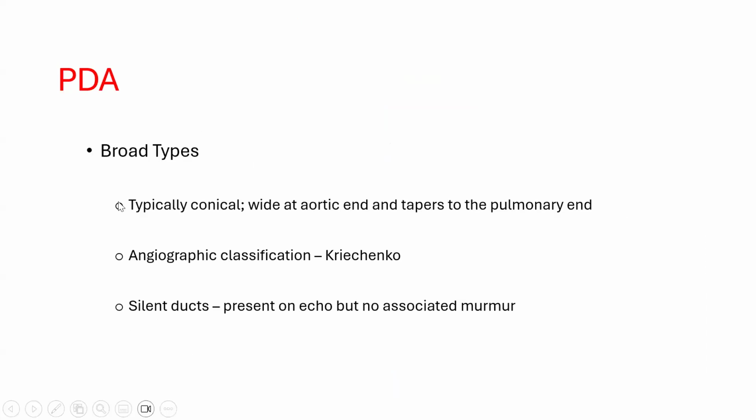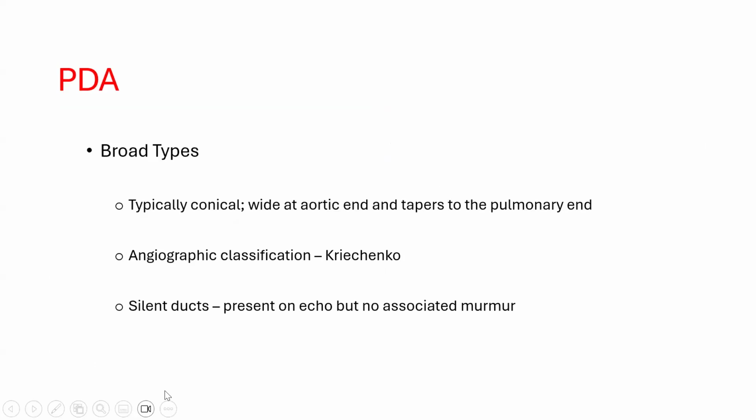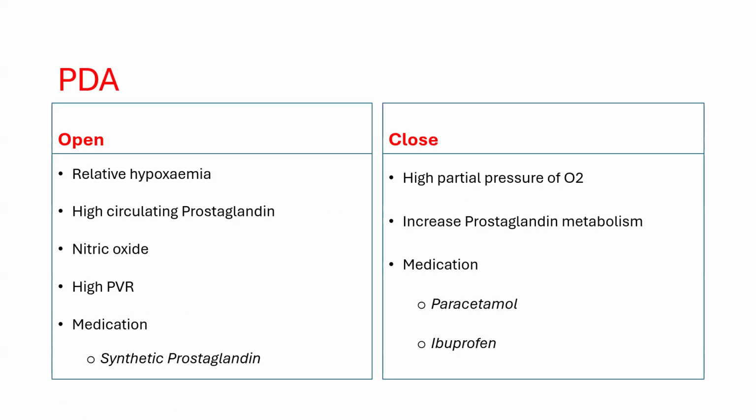So for our purposes, and from an embryology point of view, ductus arteriosus is kept open by hypoxemia, prostaglandin, nitric oxide, a high PVR, and medications that are synthetic prostaglandin or prostin, which is why when you have duct-dependent lesions, we tend to give them prostin as the first line of management.